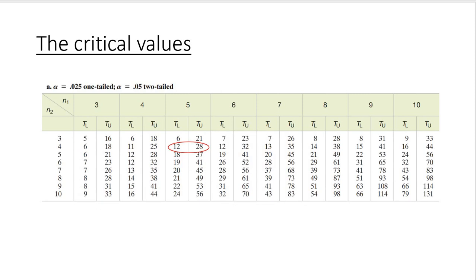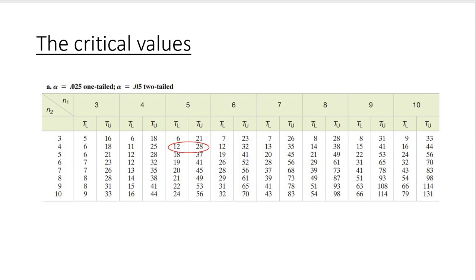The next step is detecting the critical values. So for this, you actually have a special table for Wilcoxon rank sum test. So in the first sample, we have 5 observations. In the second sample, we have 4 observations. So those are our critical values.